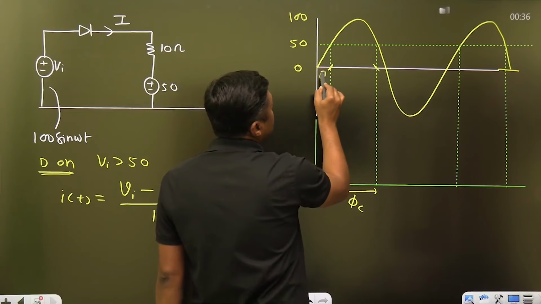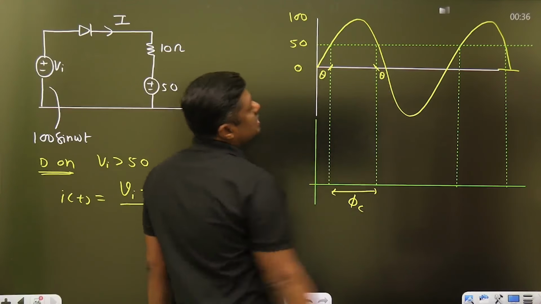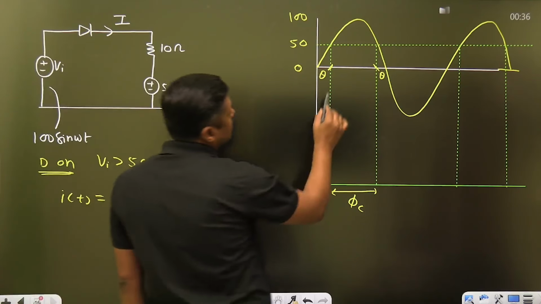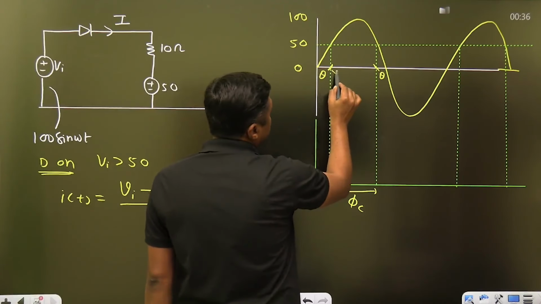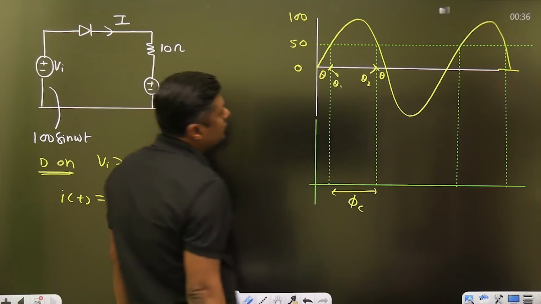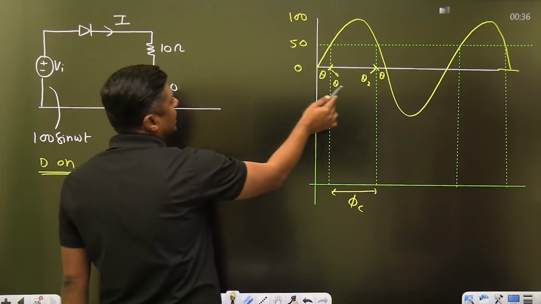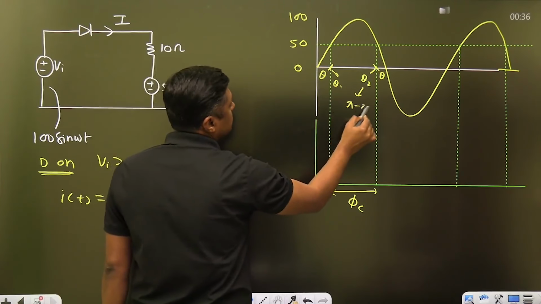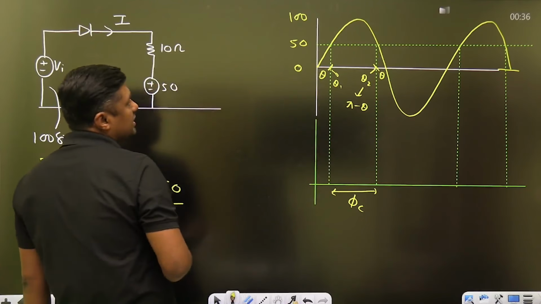Can you find this angle theta? Yes, we can find this angle theta, guys, so that we can get the range from this point to this point, theta 1 to theta 2. Theta 1 is nothing but theta, and theta 2 is nothing but 180 minus theta, pi minus theta. So what is the theta?